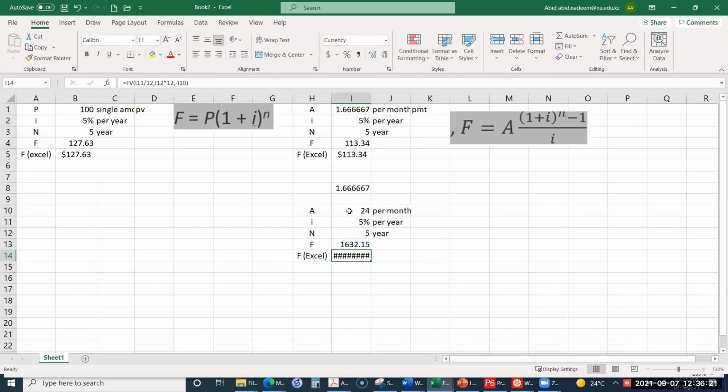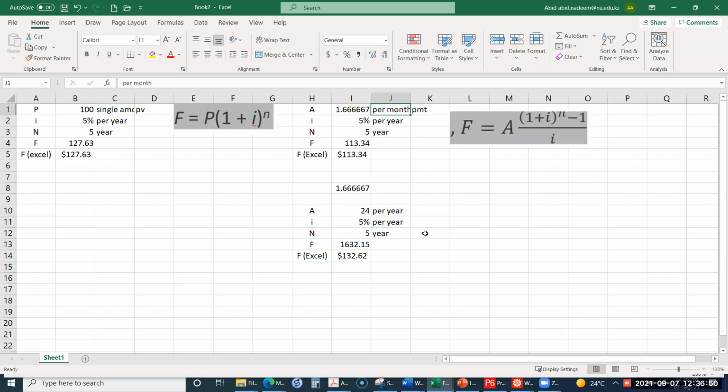So 24, and then it will be FV, and then minus. So it will be 132.6 in this case. In this case, this is per year, and this is per year, but this is per month.